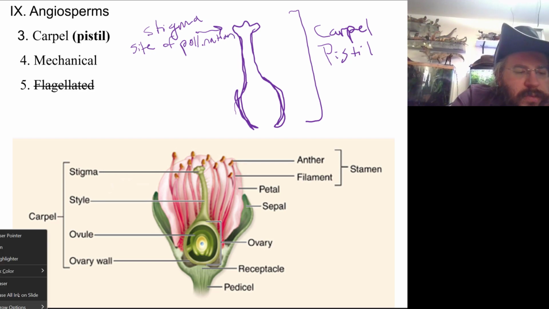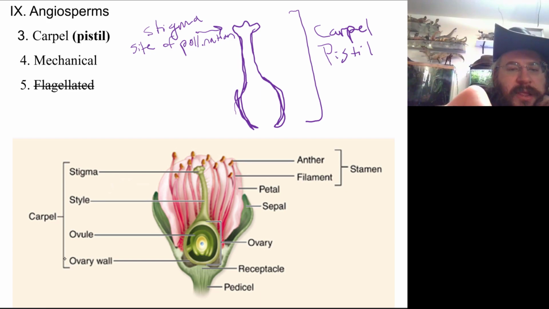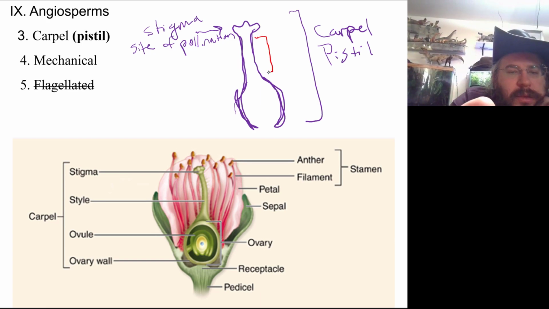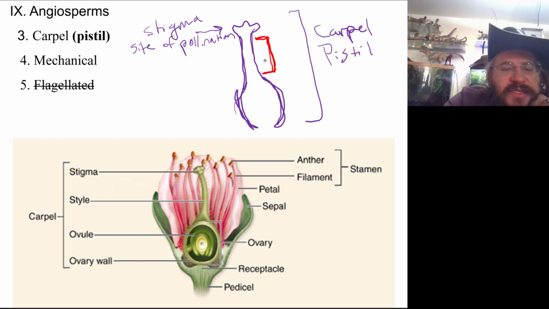Then we have that long, thin column connecting the stigma to the ovary, called the style.